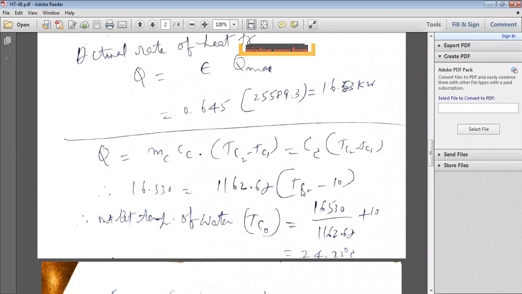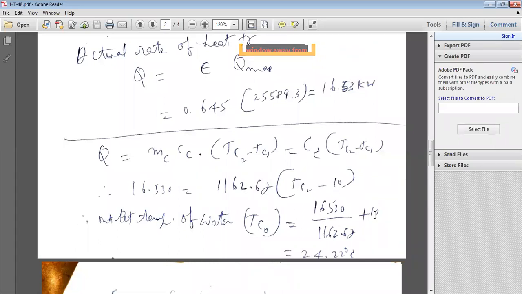Therefore TC2, or TCO for outlet, is 16,530 divided by 1162.67, plus 10.